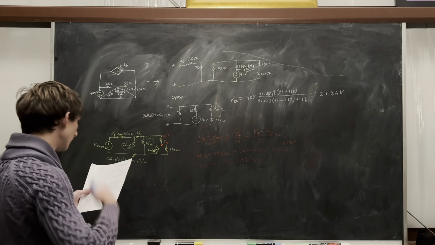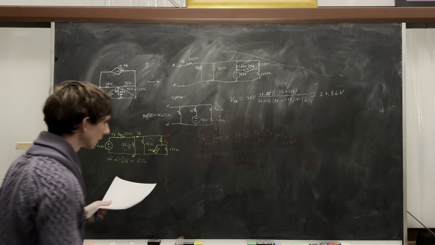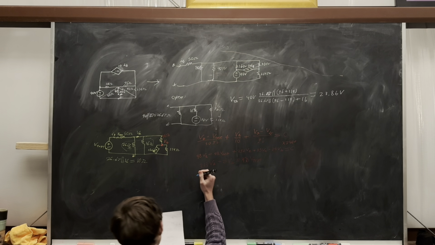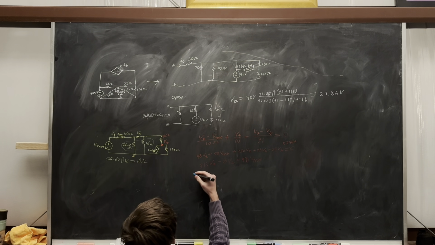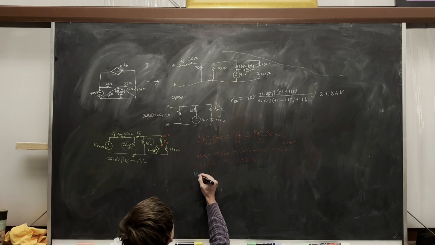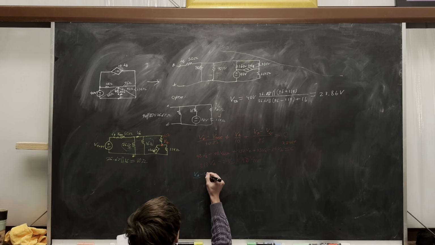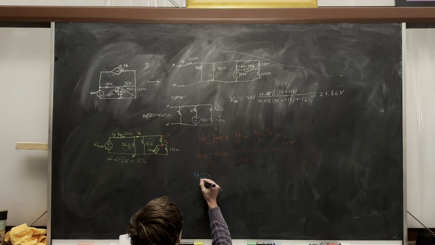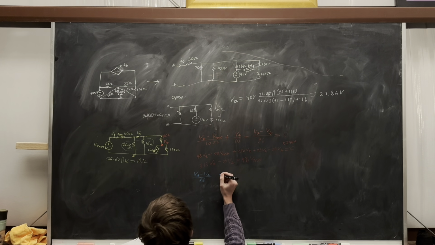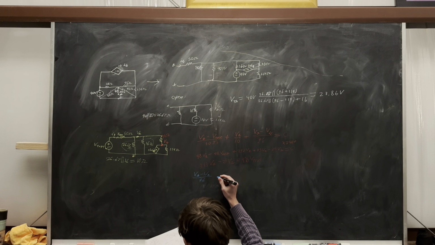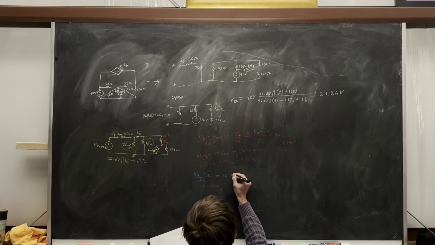For node B, the equation is VB minus VA over 96, plus 10 I test.